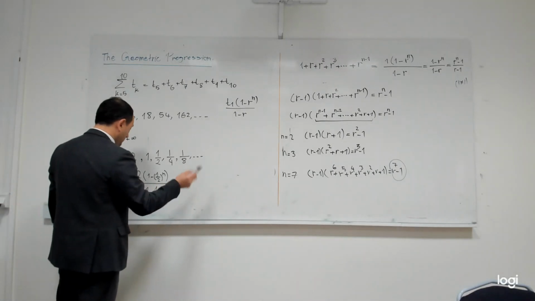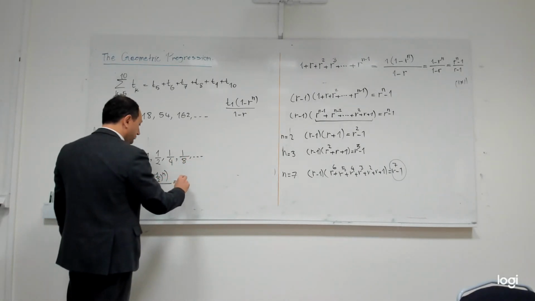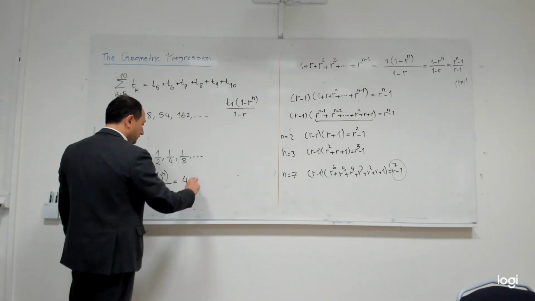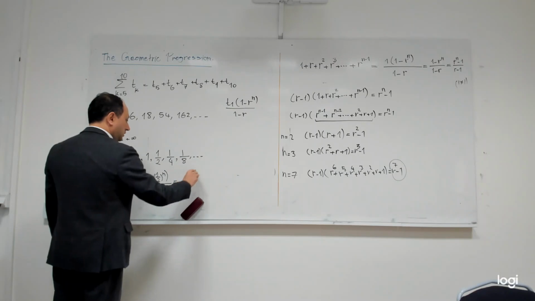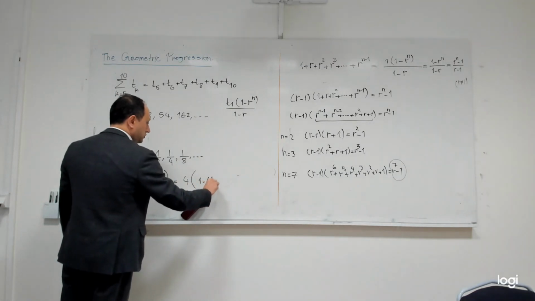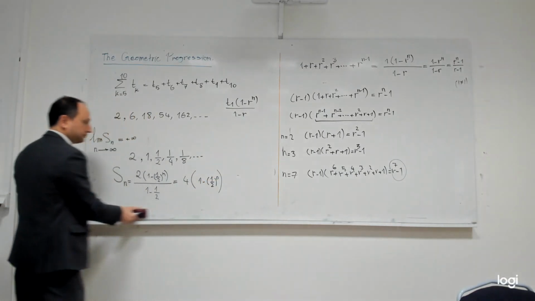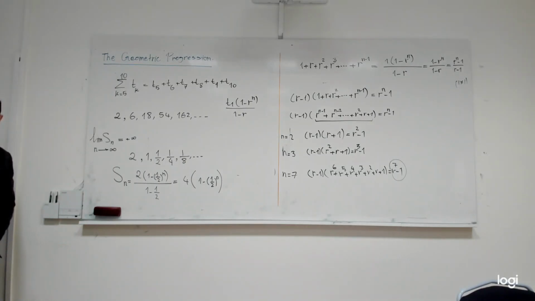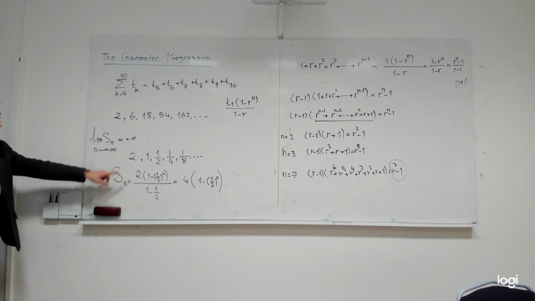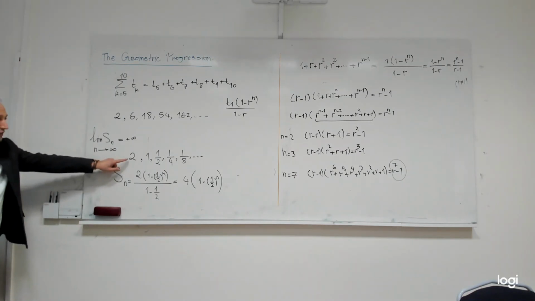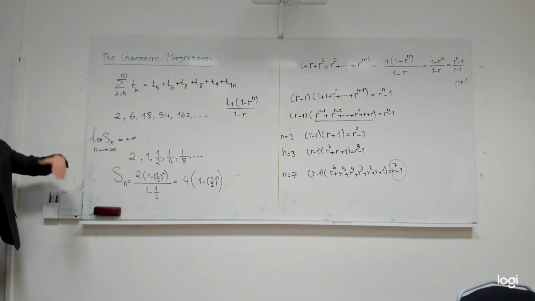So Sn becomes 4 times (1 minus 1 over 2 to the power of n). So this is not magic. We got the formula, and I'm just using it, from the first term to the nth term.